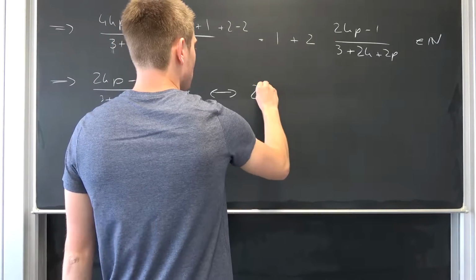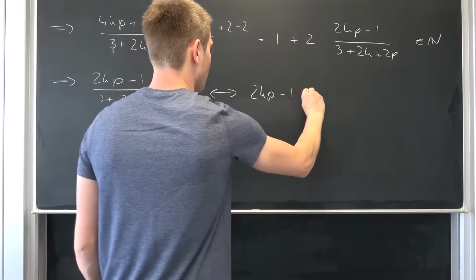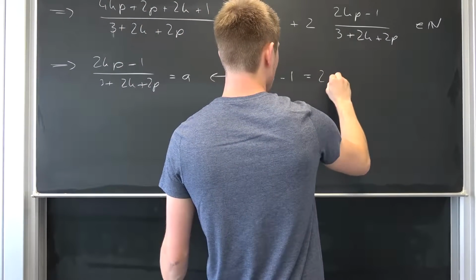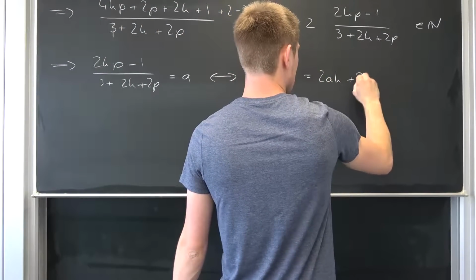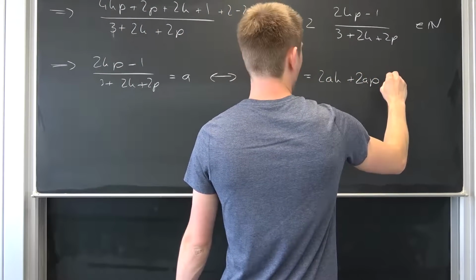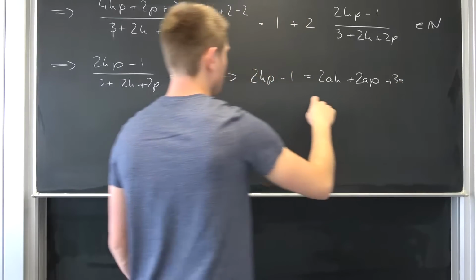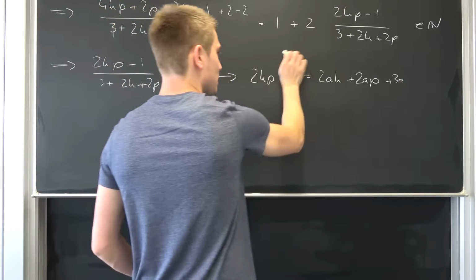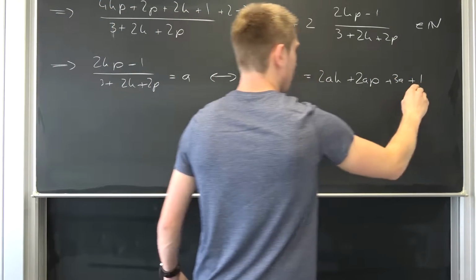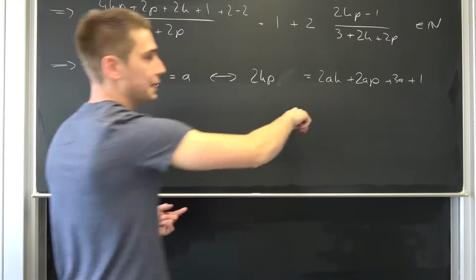Okay, with that out of the way, we have 2kp minus 1 being equal to 2 times a times k plus 2 times a times p plus 3 times a. We can add 1 on both sides, and we can solve for p once again.